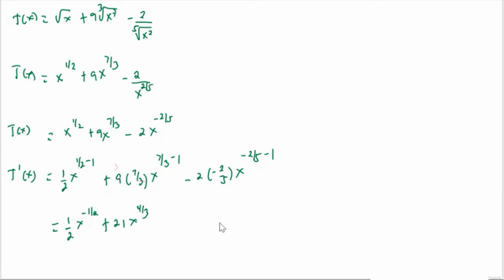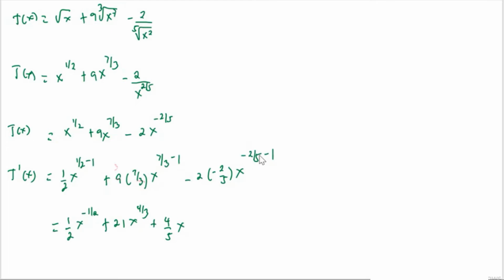Now, on the last term, we have negative 2 times negative 2 fifths. So the product is positive 4 over 5 of x raised to negative 2 over 5 minus 1. The difference is equal to negative 7 over 5. Why does it become negative 7 over 5? Because you can easily change negative 1 to negative 5 over 5, since negative 5 over 5 is equal to negative 1. I just make it a similar fraction.